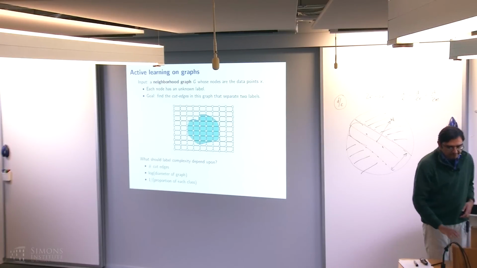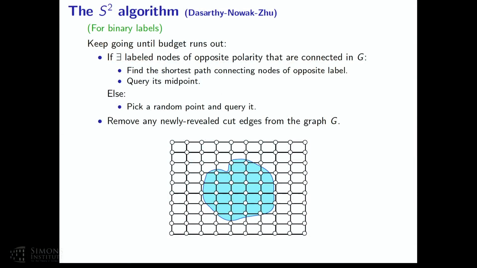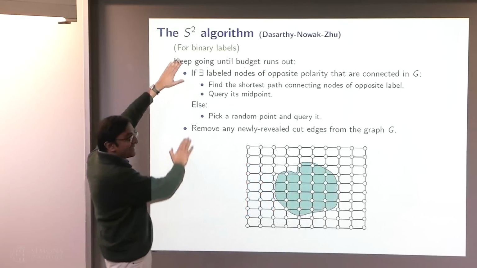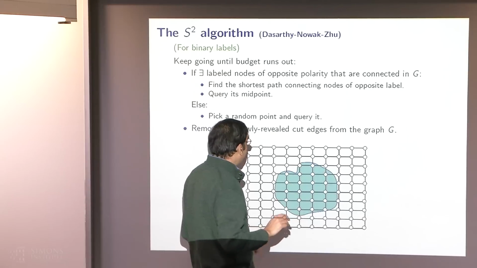And so let me describe a really nice scheme of this form that's due to Rob and his student Gautam Dasarathy and Jerry Zhu. This is the algorithm. This is the whole thing right here. So here's what you do.